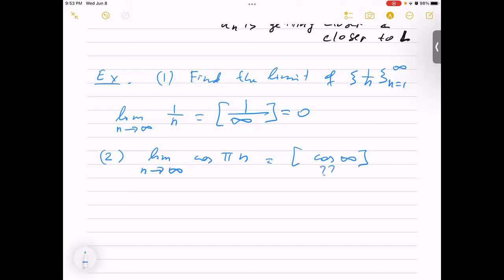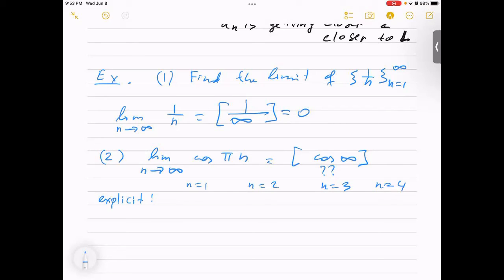What is cosine of infinity? So firstly, I want to get my intuition going. So what I will do is explicitly write down the sequence: when n equals 1, when n equals 2, when n equals 3, when n equals 4. If I write them down, I may be able to see a pattern.